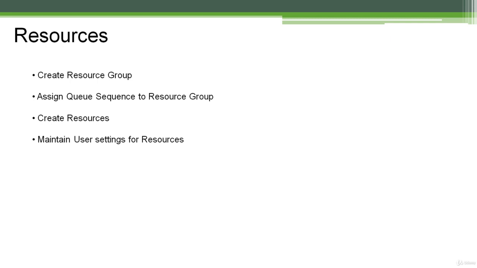So for working with resource management, we need to make sure the resource as a master data is created. It is assigned to a resource group using which the queues are determined, and we also need to make sure the user which we are using for testing is maintained so that appropriate menus and warehouse selection is made.